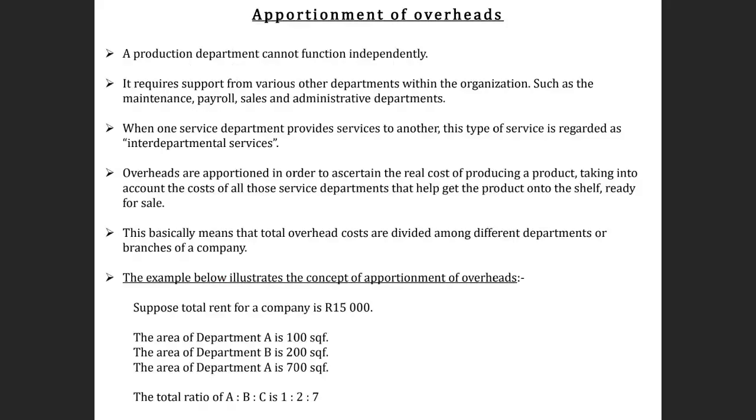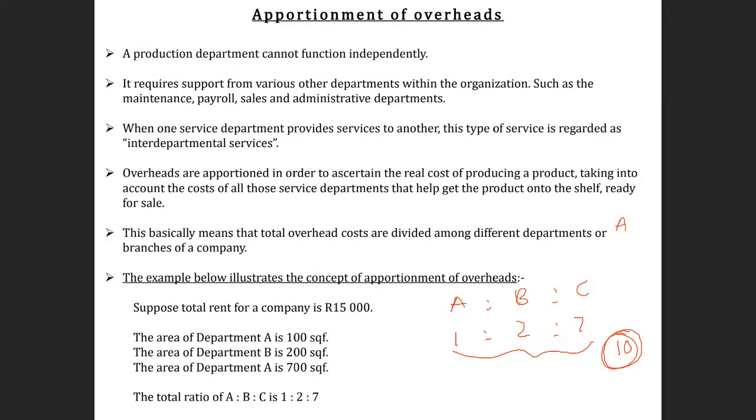Remember we said A is to B is to C was 1 is to 2 is to 7. We said add up all those figures and that gives us a figure of 10. And then once you have that figure of 10, that becomes your denominator.